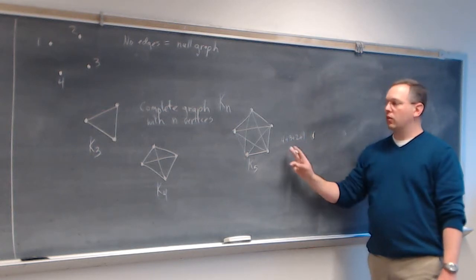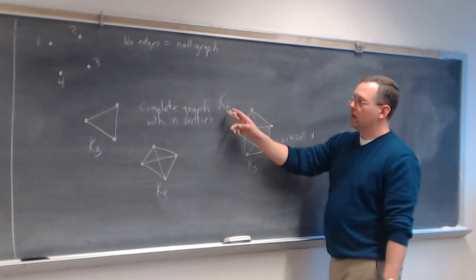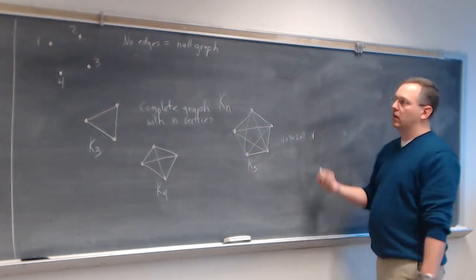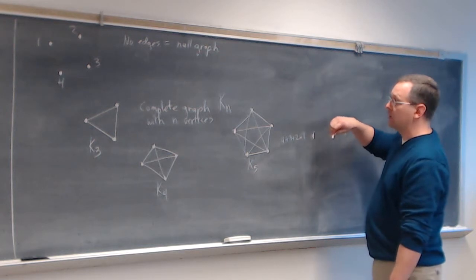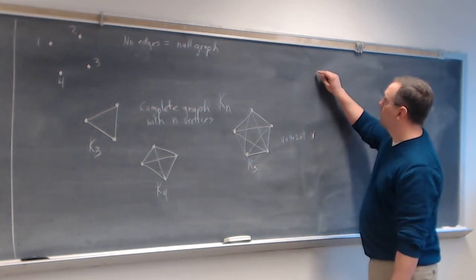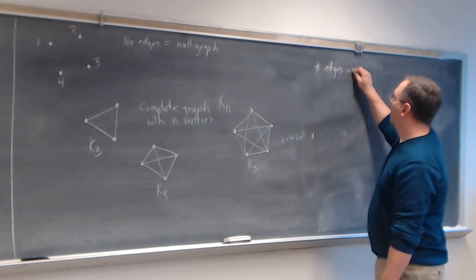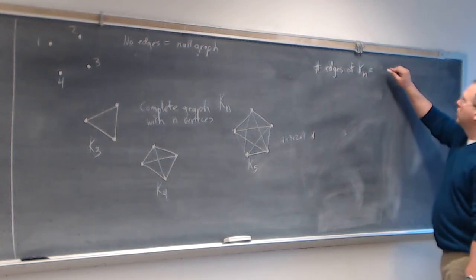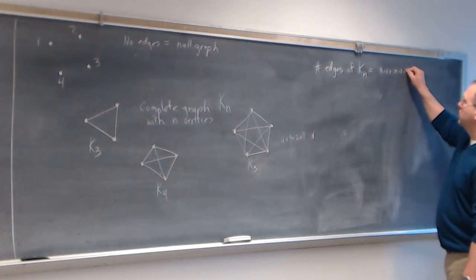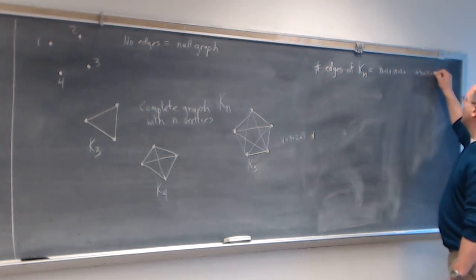You see this nice little formula merging. The number of edges of Kn would equal n minus 1 plus n minus 2, all the way down to plus 3 plus 2 plus 1.